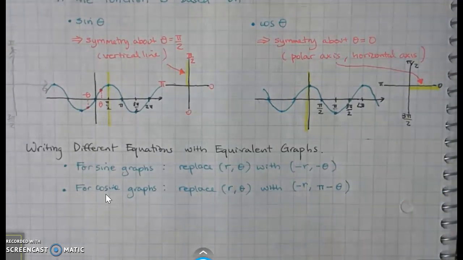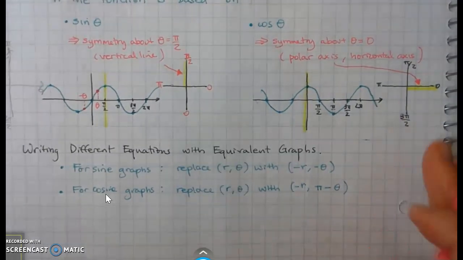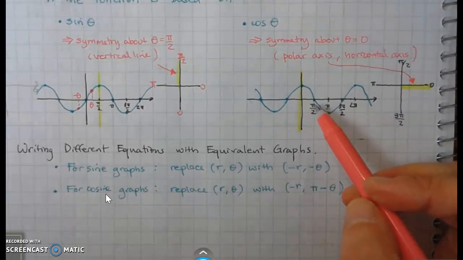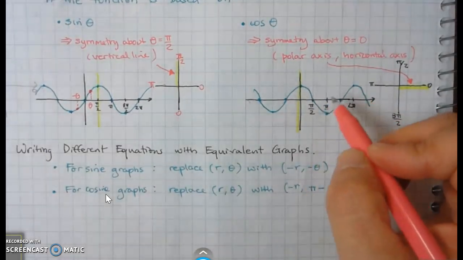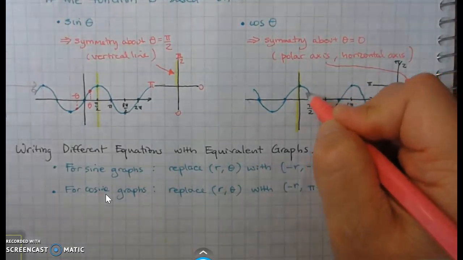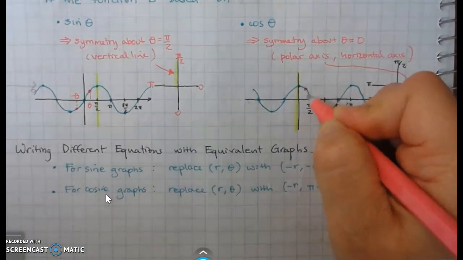Let me demonstrate why that works. If I have my cosine function here, and some angle right here, let's just call this theta here.